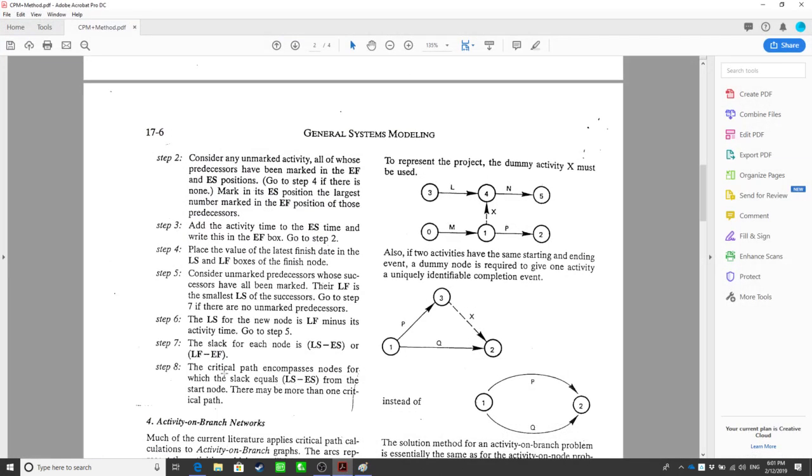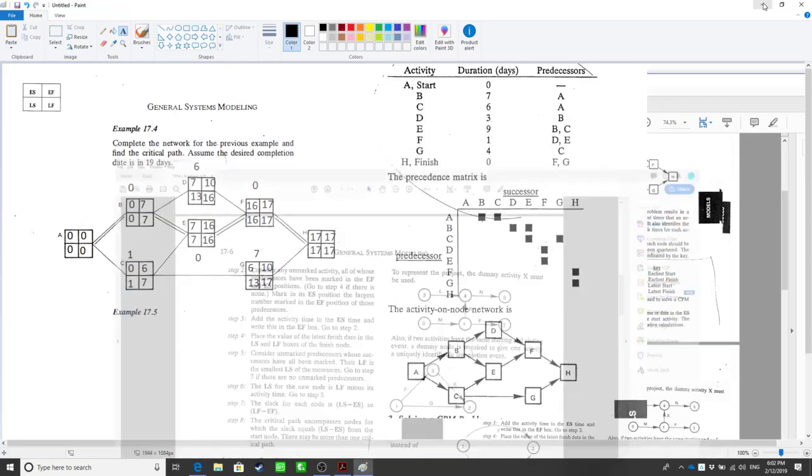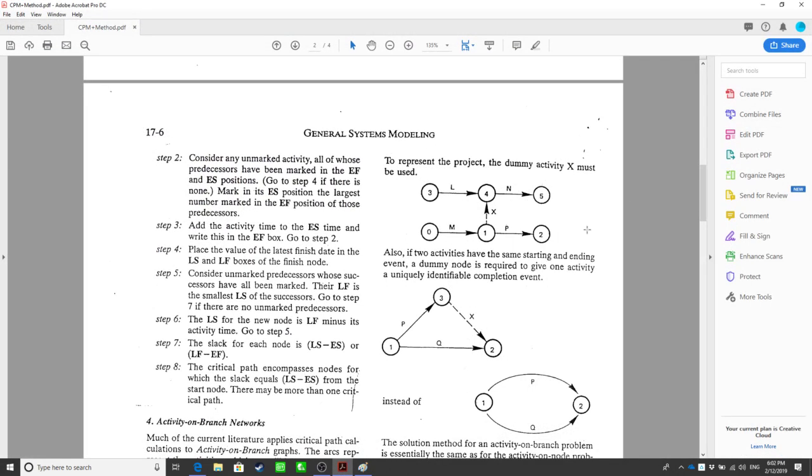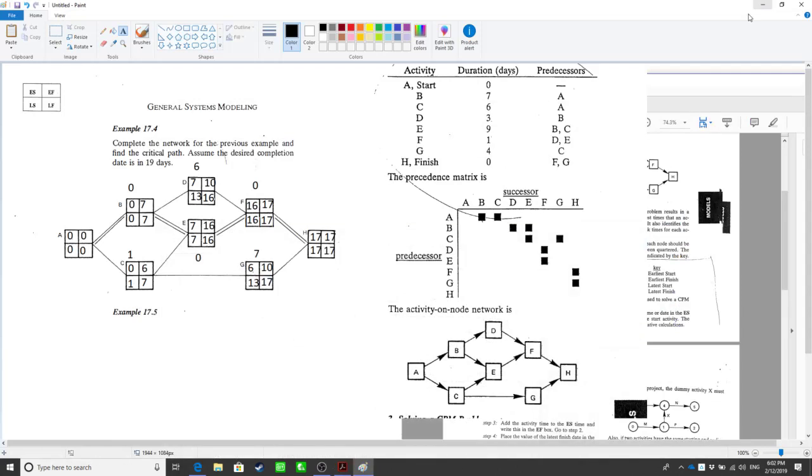The critical path encompasses nodes for which the slack equals LS minus ES of the start node.